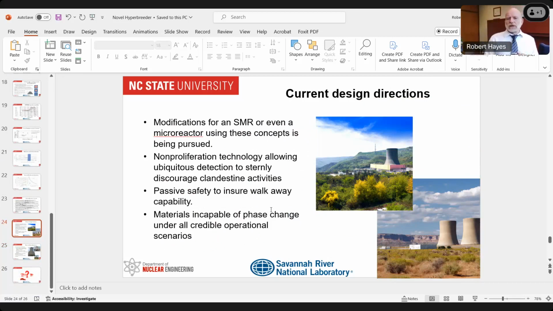So if you just forgot about this thing, it just largely becomes a new geological formation for all intents and purposes until it just erodes away. The idea is by that time the chemotoxicity, the heavy element toxicity, becomes comparable or dominant over the radiotoxicity. I mean, that's kind of the goal. So these things are incredibly passive.